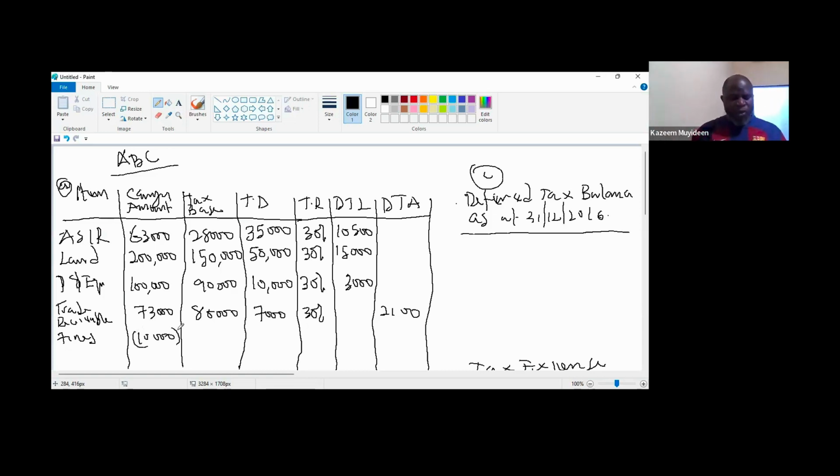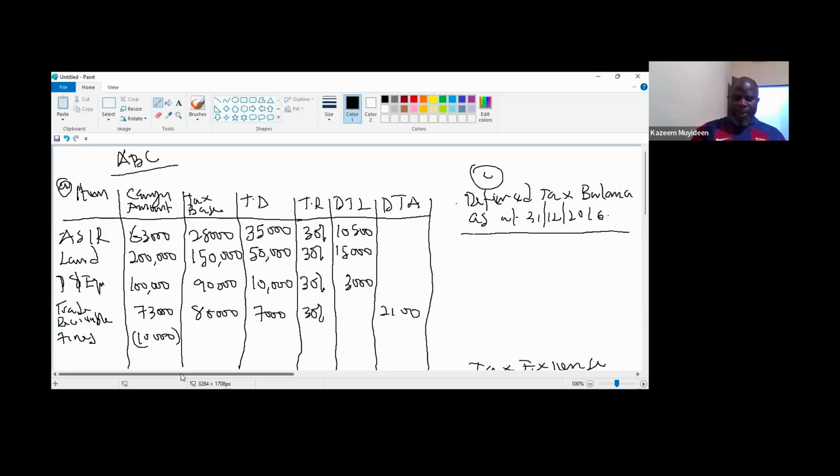Interest receivable and payable are considered on cash basis.